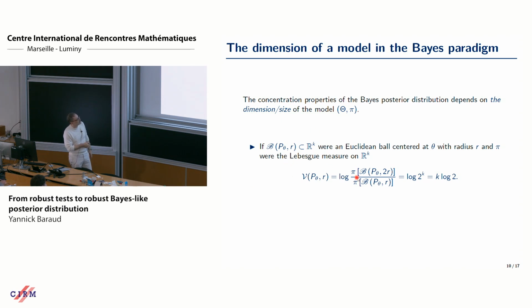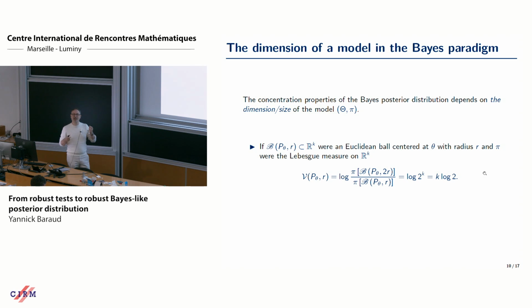Well, if you calculate the volume of the ball of radius 2r, and you divide it by the volume of the ball with radius r, what comes out is that the ratio will be proportional to a power of k. If you take the logarithm of that, then you end up with the dimension k up to a constant, log 2.